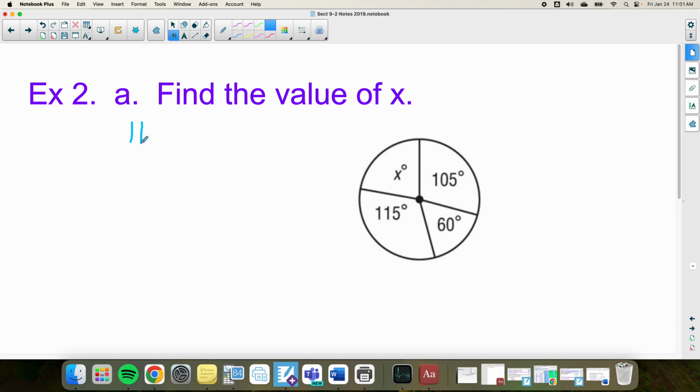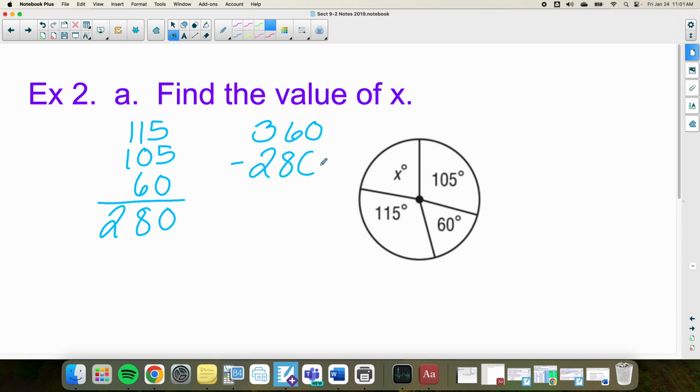Or you could add those 3 together, which you would get 280, and then subtract that from 360. Did you guys get 80 as an answer? So x is 80.